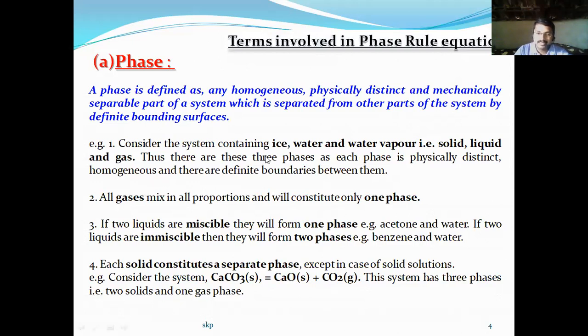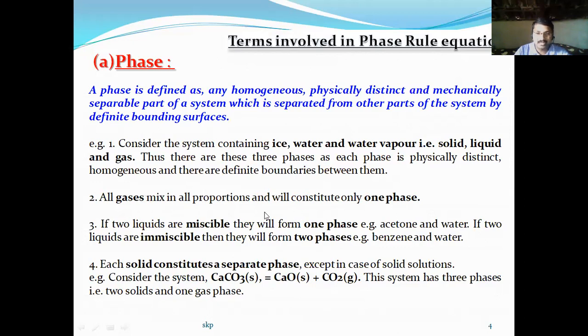Consider a system containing ice, water, and water vapors. That means there are three phases: solid, liquid, and gas, and they are distinct from each other. Each phase is physically distinct, homogeneous, and there are definite boundaries between them. So ice is one phase, liquid water is another phase, and water vapor is the third phase. So it is called phase.